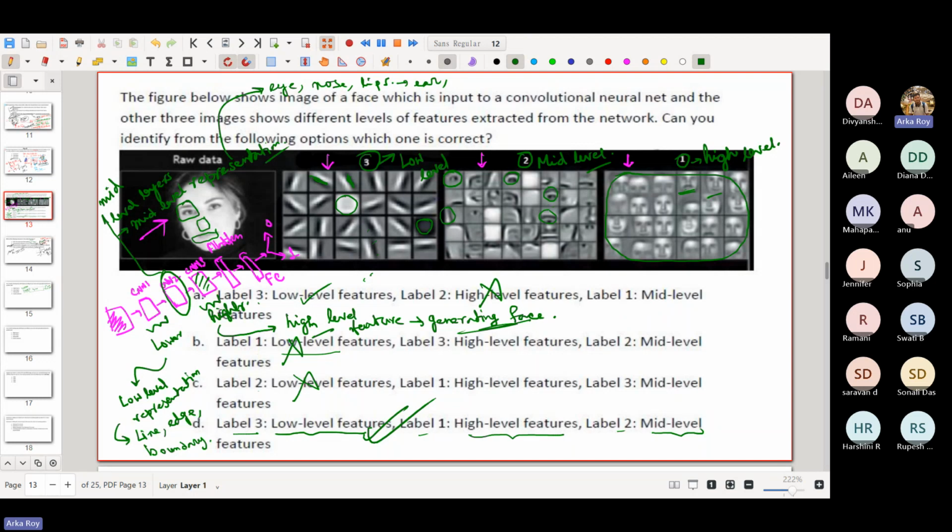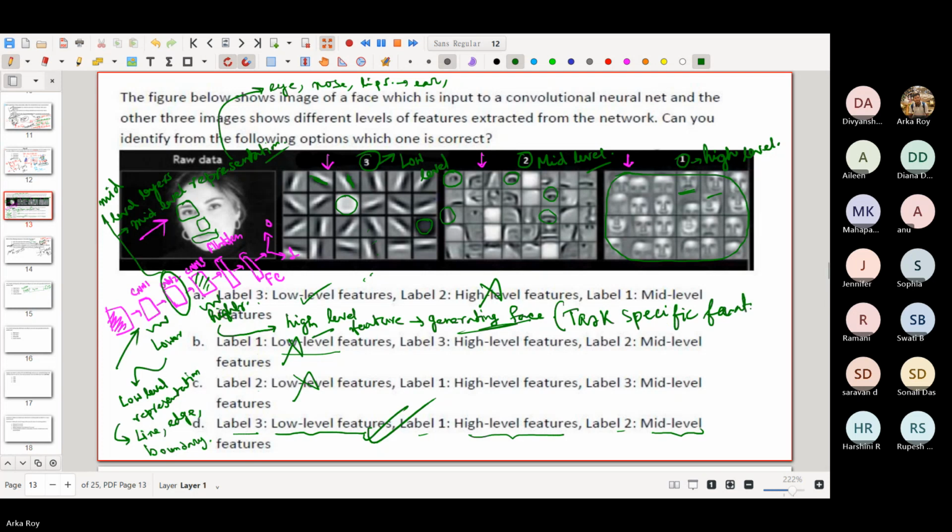For those transfer learning mechanisms, what we need is the low level information, which comprises lines, edges, boundaries, some sort of generalized information. These generalized informations are held in the lower levels of the neural network rather than the higher levels. The higher levels are basically high level features, or more specifically task specific features.